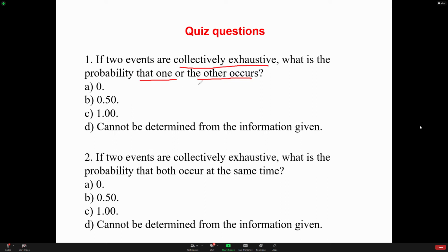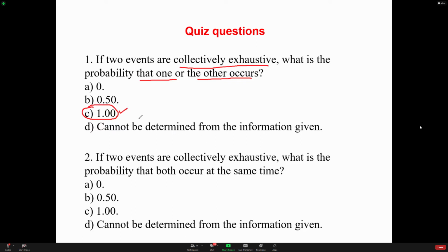Anyone? You are actually asked the total probability. So the total probability is 1. So the answer is not B, but C.